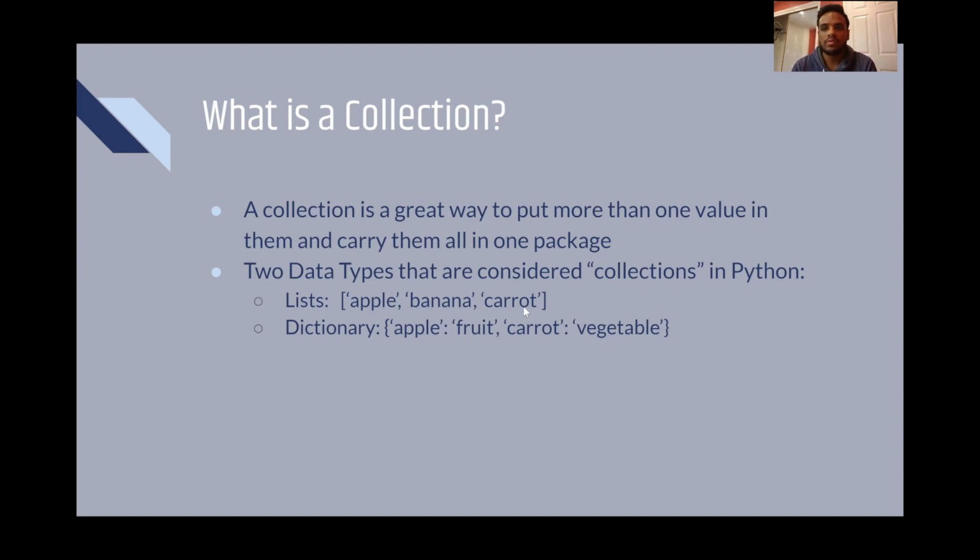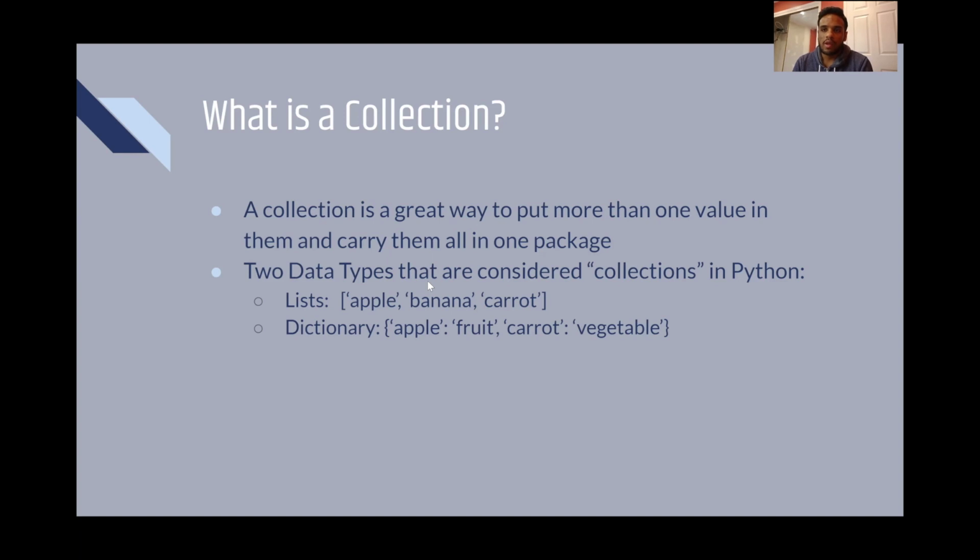If we want to access one of the values inside that list, we just say the name of the list and put in square brackets the index we want to access. Let's say we want to access the second element, the banana. We say list[1] because banana is the first element in the list based on zero-based indexing. If we print that, it will give us back the value banana.